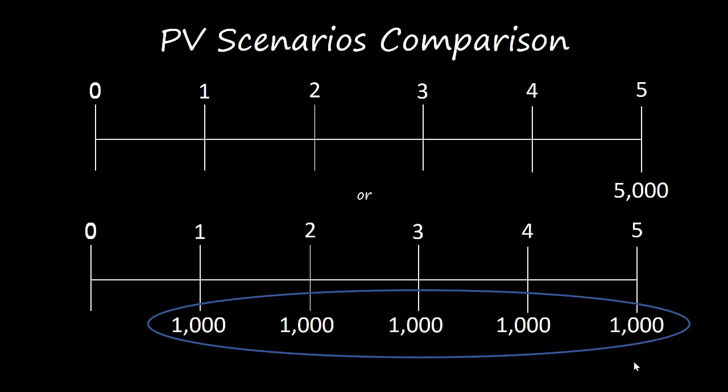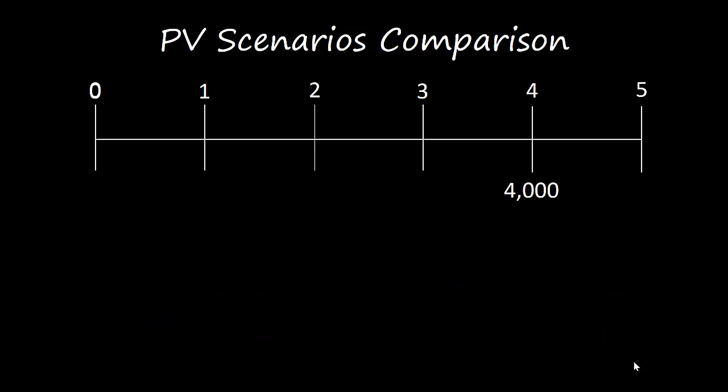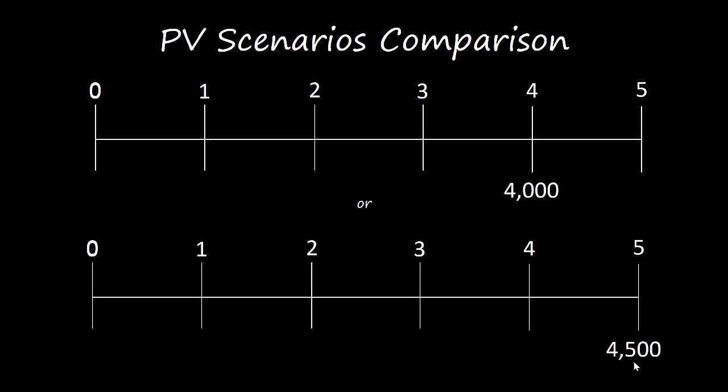Let's look at one last example for this video. Would you prefer to receive $4,000 at the end of year 4 or $4,500 at the end of year 5? This comparison is a little more difficult to determine by looking at it or just thinking about it. $4,000 is pretty close to $4,500, and we only have to wait 1 period to get $500 more.